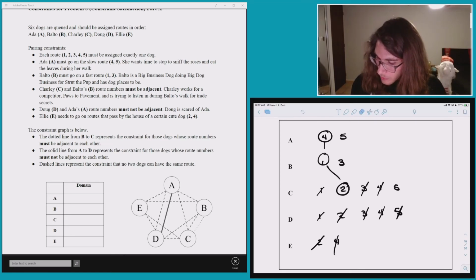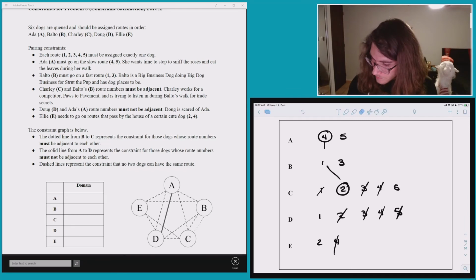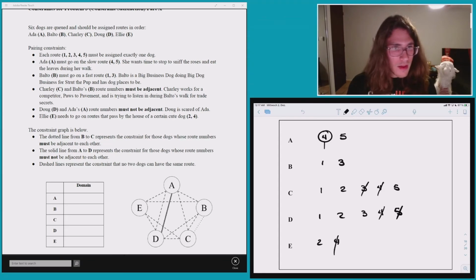I'm going to erase some of these markings according to how much we backtrack. We're backtracking up to Balto, and when I did, Douglas lost 1 from the domain, and I believe it lost 3 from the domain and 2. There we go. I believe this is a backtrack.